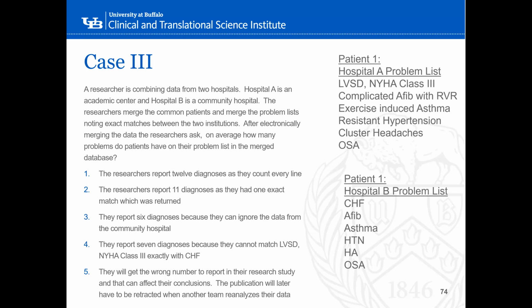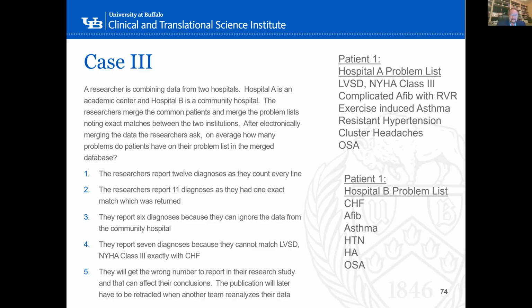But if you compare the abbreviations to the explicit diagnoses, then you can see which ones appear to be identical, except for the first one.